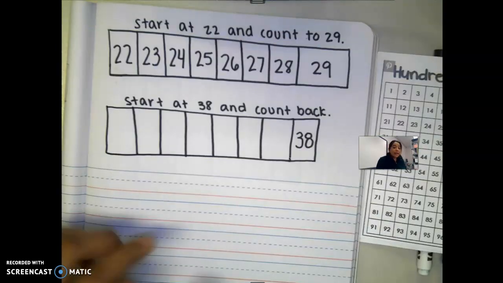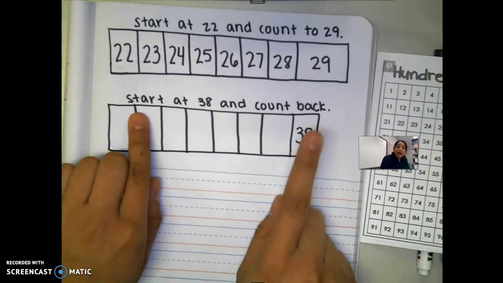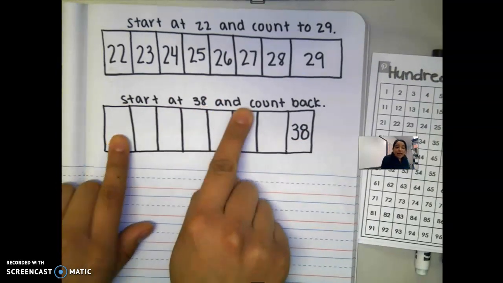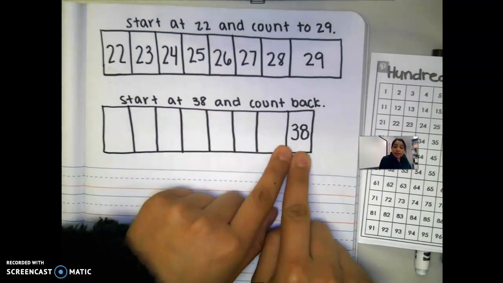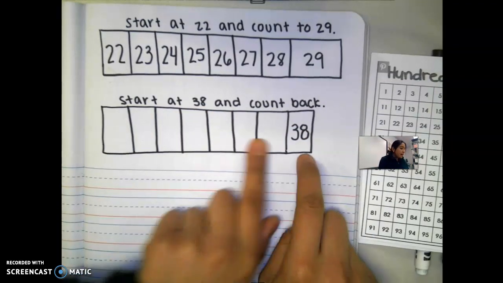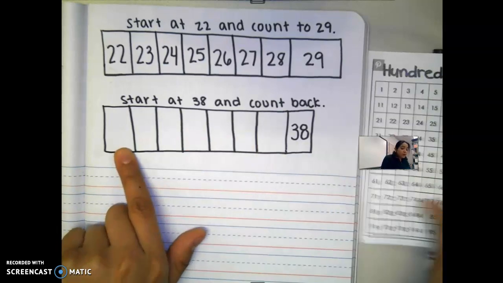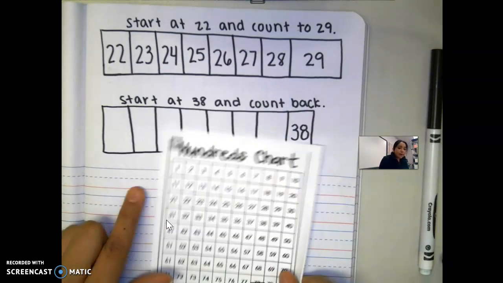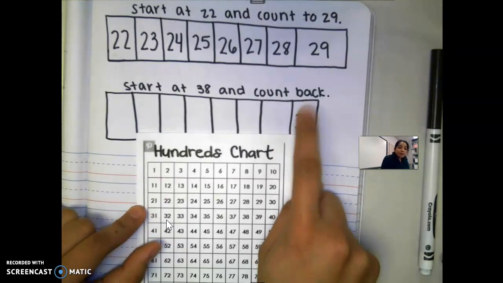So now I need to count back. So right here it says start at 38 and count back. So this is our given number 38, and I need to count back. So I'm going to go ahead and grab my hundreds chart again and practice counting back on my hundreds chart starting from 38.